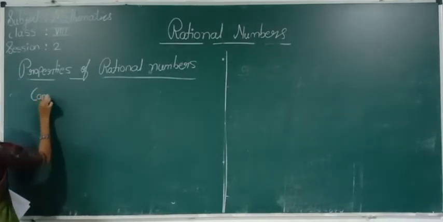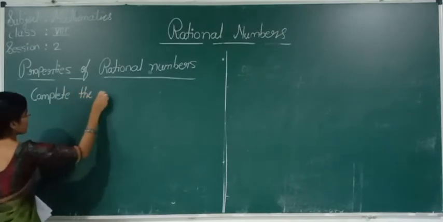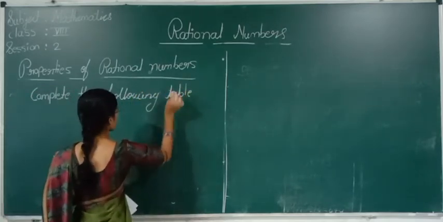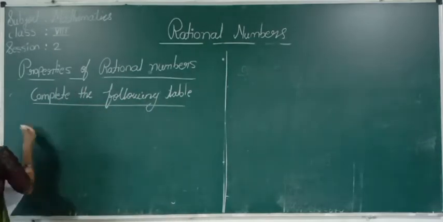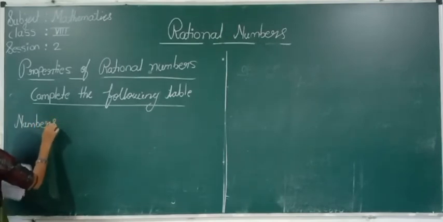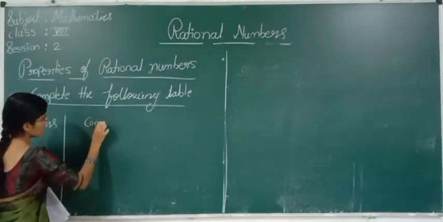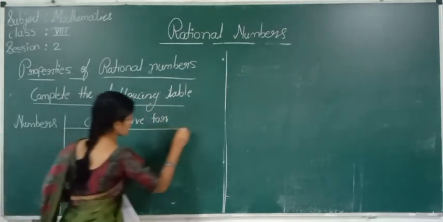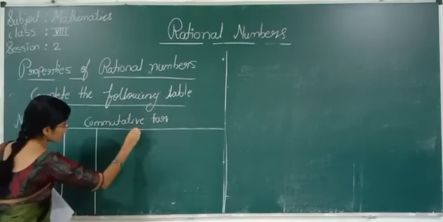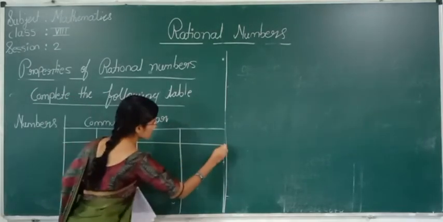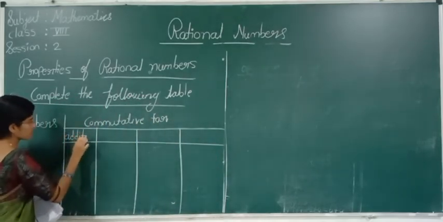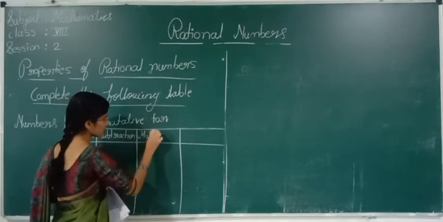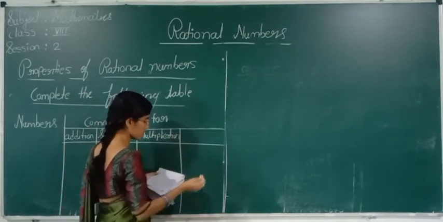See, complete the following table. Numbers commutative for addition, subtraction, multiplication, division.